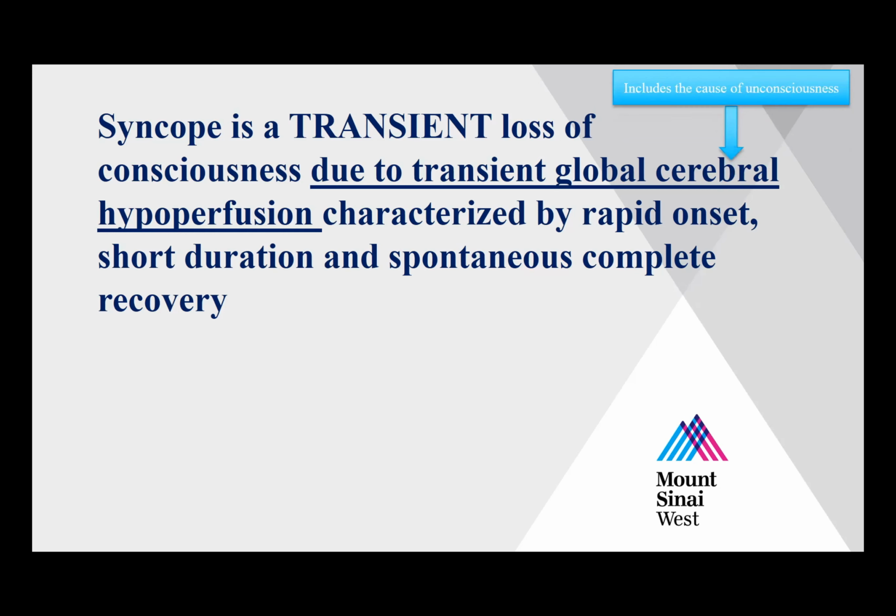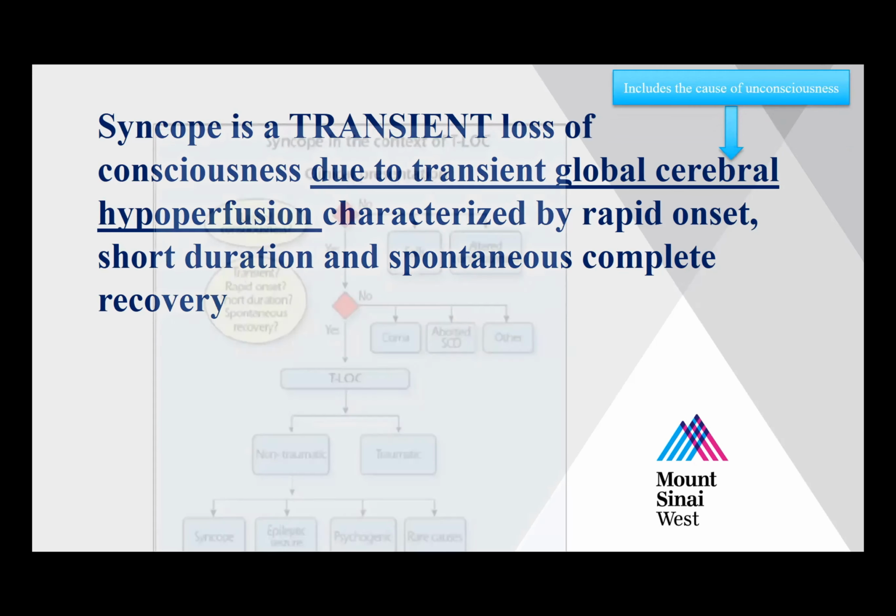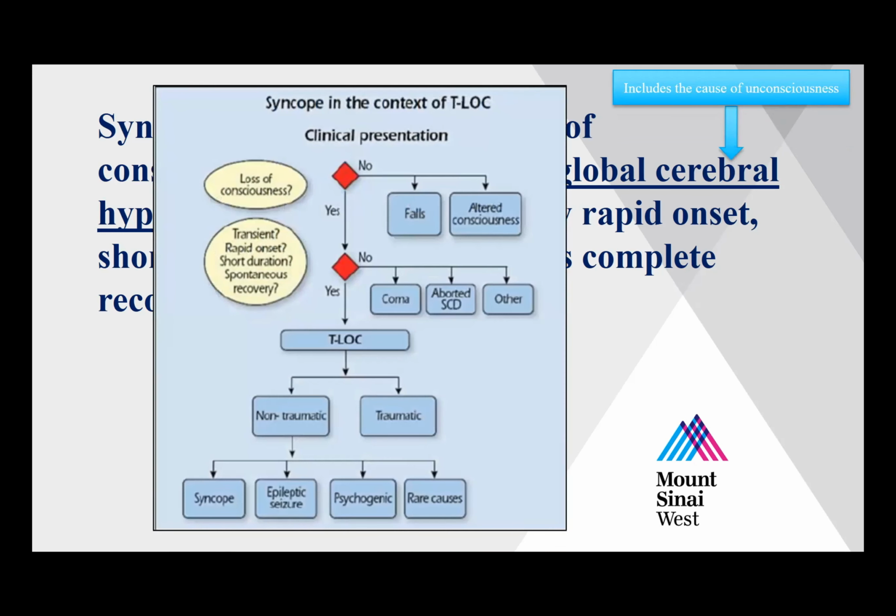Okay, wonderful. So this is from 10 years ago, but I still really like it. The reason is that it helps you think through the other things that are syncope mimics and ask questions in such a way that you're ruling some of these things out. So the first thing is, was there a loss of consciousness?